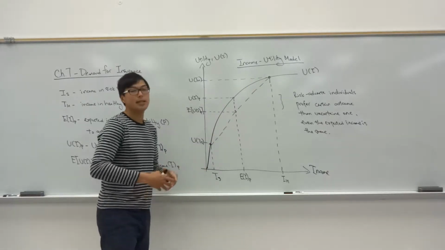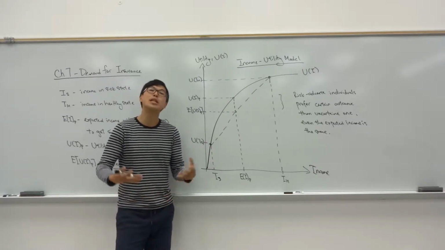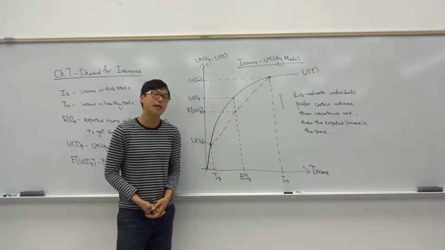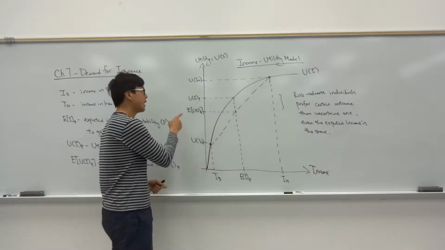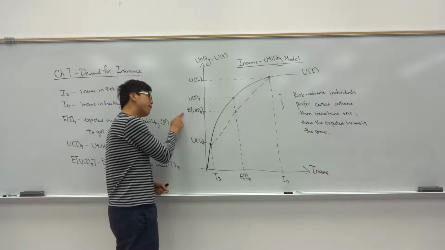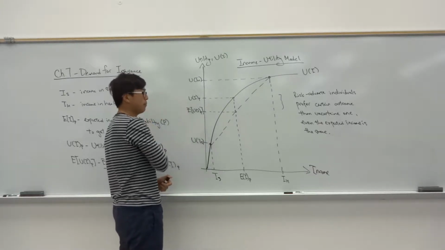Again, the idea is to diversify the risks, or to eliminate uncertainty in life in order to earn a higher level of utility, because in this case the expected utility will always be less than the certain utility that we can earn from a certain income.